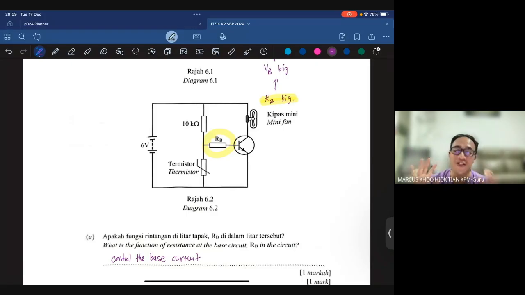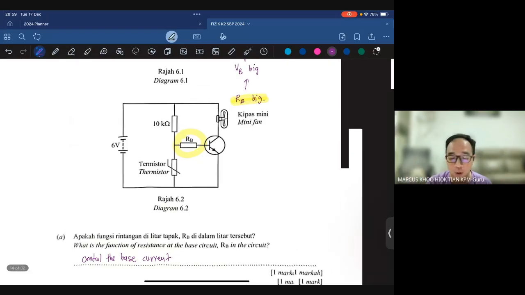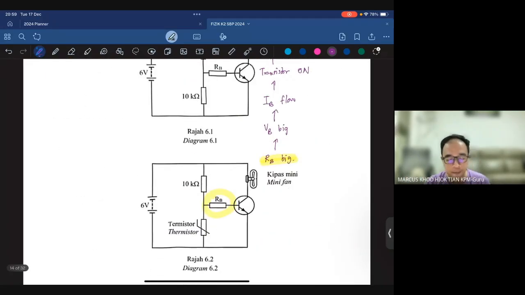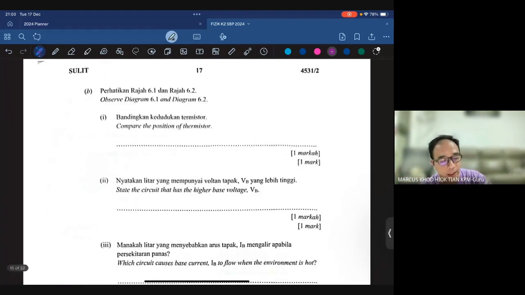Not really lah. You shouldn't be writing it one on top, one on bottom lah. It's kind of ambiguous. But what we know is that this part over here is called the base circuit. Litar tapak. That's what you call it. It's called the base circuit. So what you should be writing is 6.1 is above the base circuit, whereas 6.2 is at the base circuit.